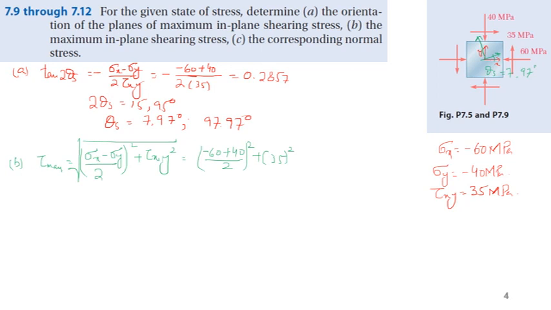If we take the square root, tau max will be 36.4 megapascal. And the corresponding normal stress will be the average stress.